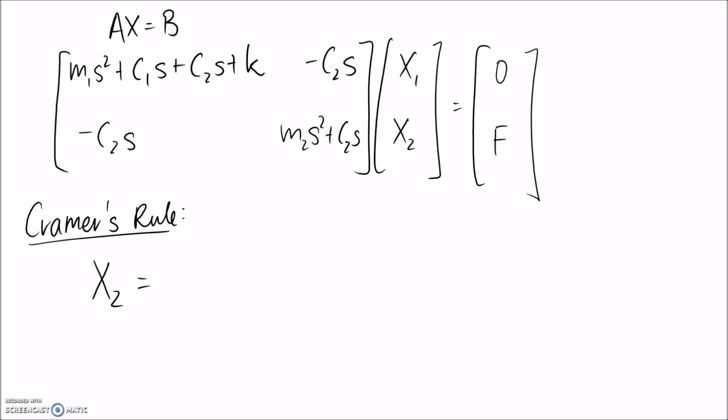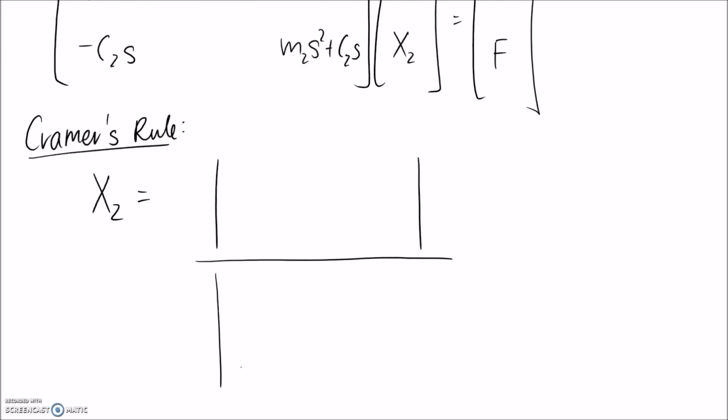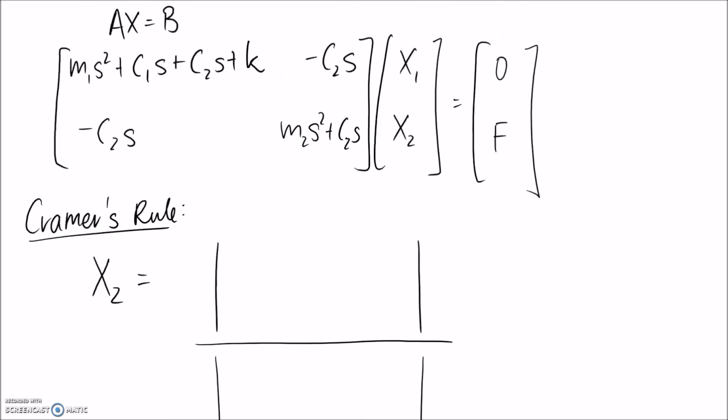Alright, so for Cramer's rule, we need to set up two matrices. One goes on the numerator and one goes on the denominator. And we're going to take the determinant of these matrices. So the one that goes on the numerator of our equation is going to be a form of this first matrix, the A matrix.